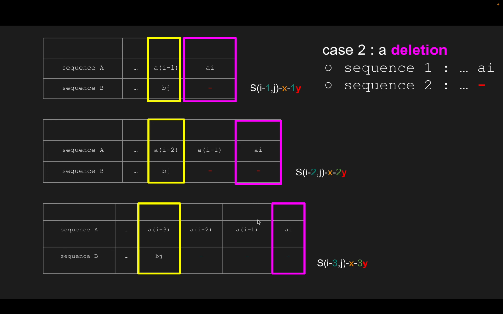All of these alignments will satisfy the condition for a deletion, because the definition of the deletion scenario only requires you to have a gap symbol for sequence B at the end.